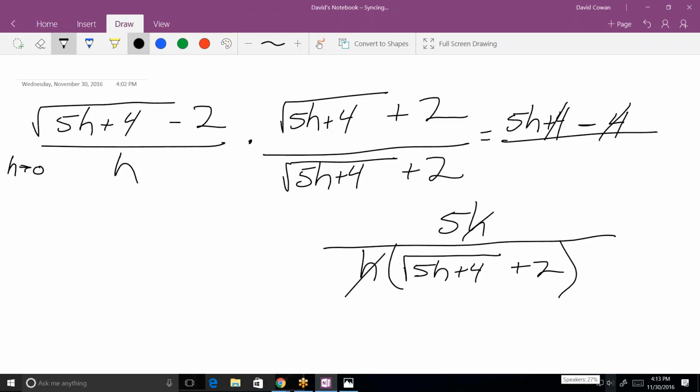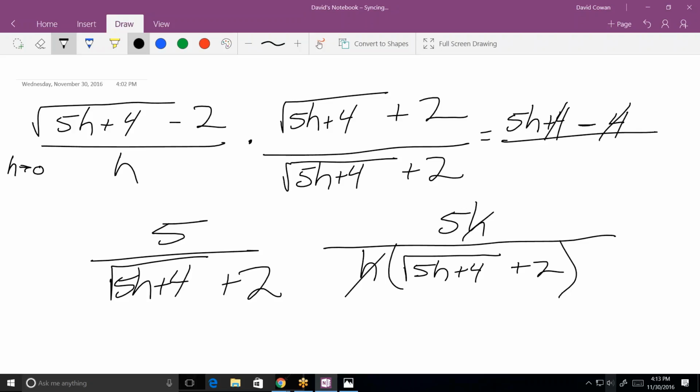I have 5 over the square root of 5h plus 4, plus 2, taking the limit as h goes to 0. I'm not sure what it's going to be, but I know it's not going to be 0 over 0 because I already have a 5 in the numerator. So the limit looks like it's going to be 5 over 4.